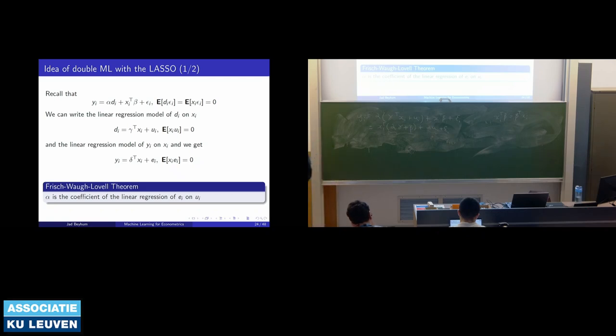Alpha is the coefficient of the best fitting line to predict e_i from U_i. In other words, alpha is the regression of the part of Y_i that is not linearly explained by X on the part of D_i that is not linearly explained by X.